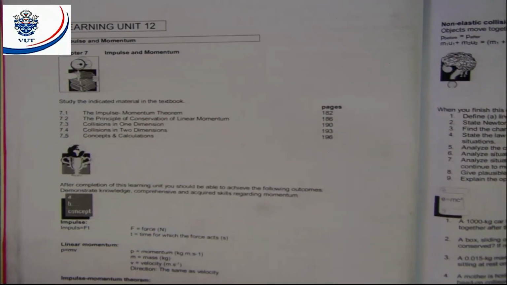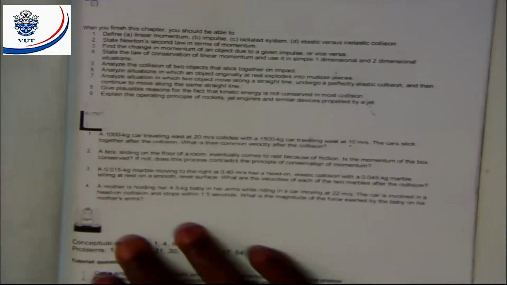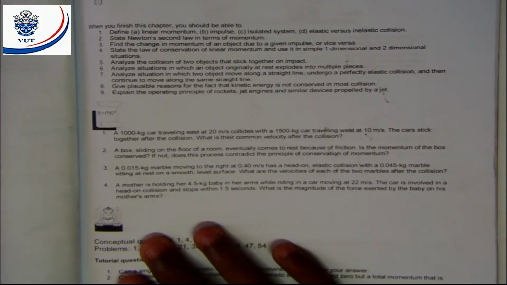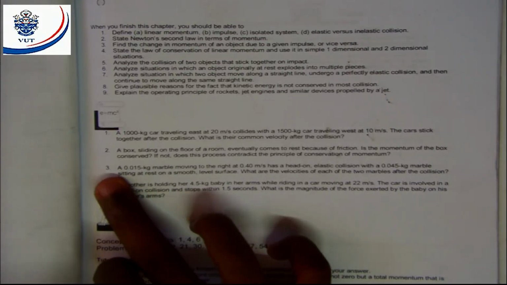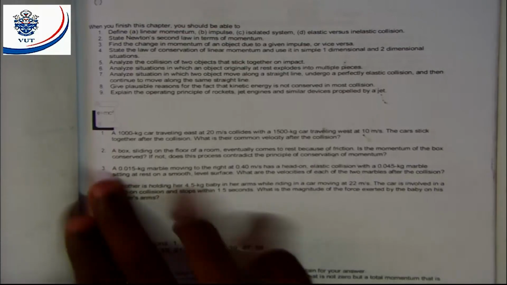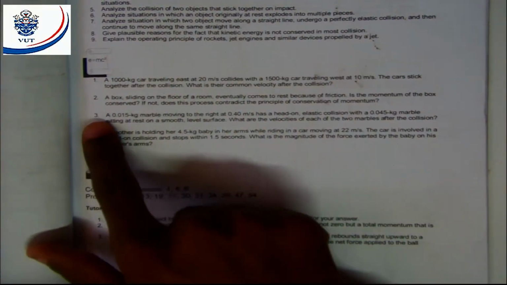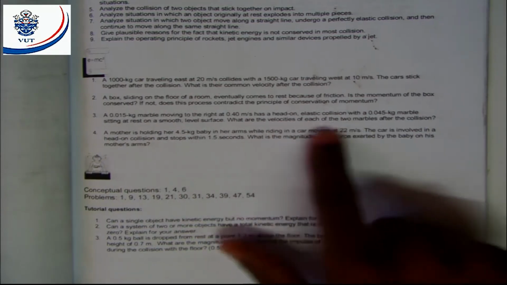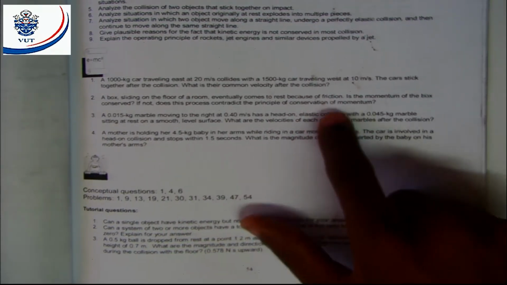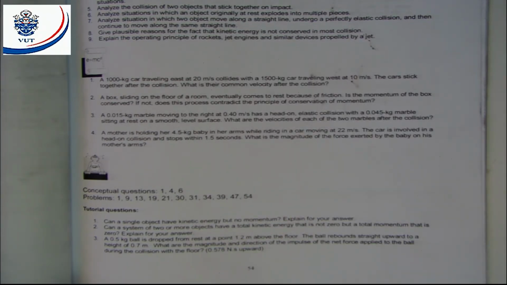What I would then advise is that you check Blackboard. I will put a solution for number 3, which is a tedious question from page 54, from the problems that you do with the lecturers. Number 3 is a long question about an elastic collision, so we use a combination of conservation of kinetic energy and conservation of momentum.